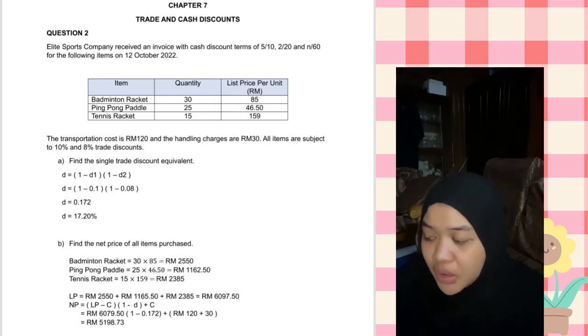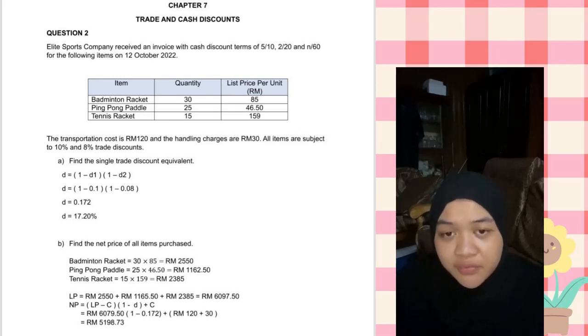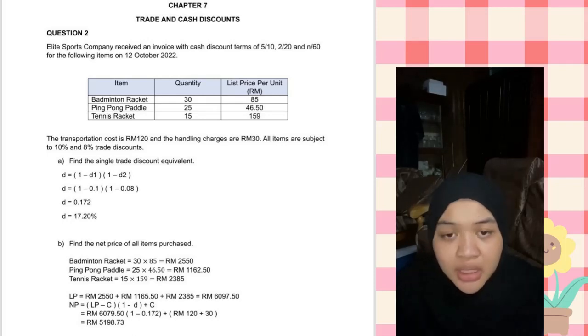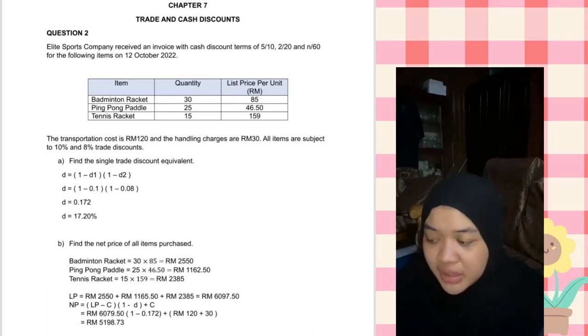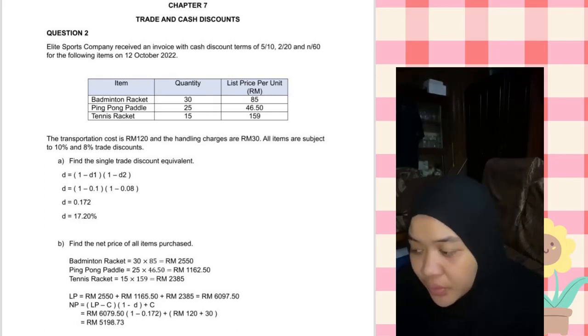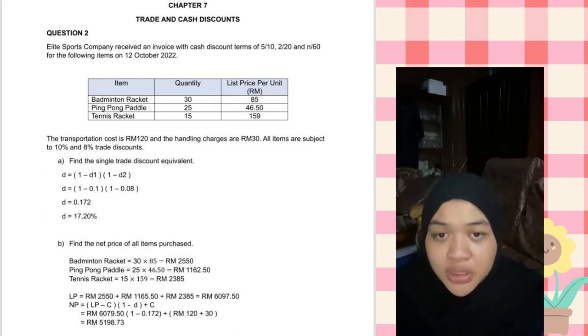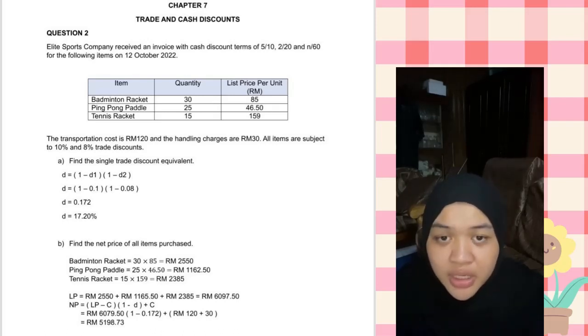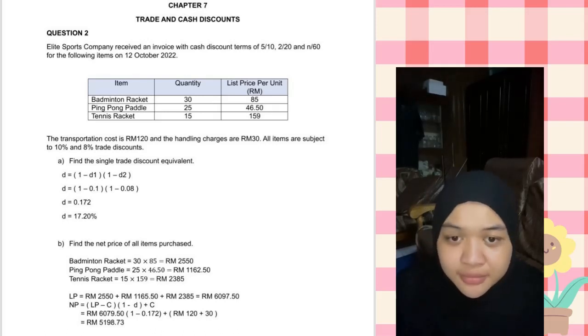It will be 6,097 ringgit 50 cent times (1 minus 0.1172) plus 120 ringgit plus 30 ringgit. So it will be 73 cent.